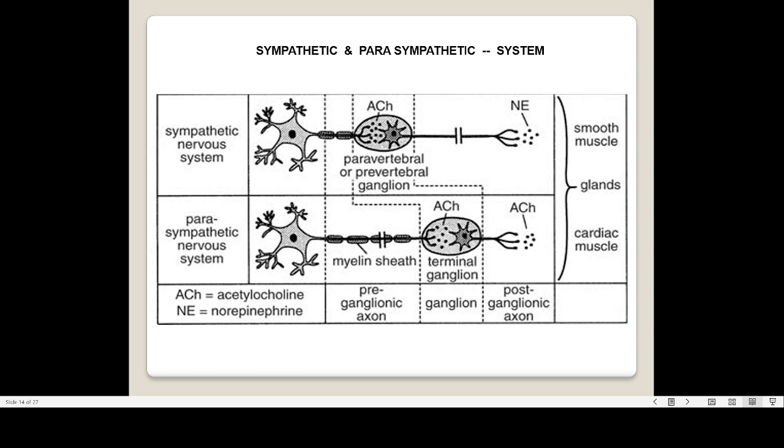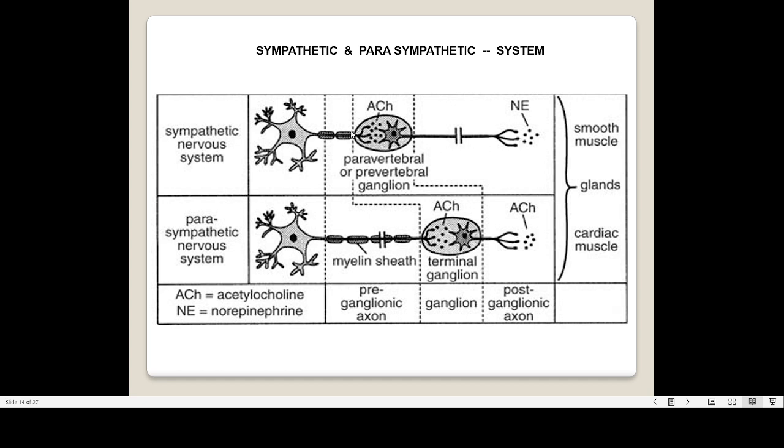Coming to the sympathetic and parasympathetic systems. In the sympathetic system, the cell body is in the T1 to L2 or L3 level. The synapse with the postganglionic neuron is at the paravertebral or prevertebral ganglion, then the postganglionic neuron goes to the termination.